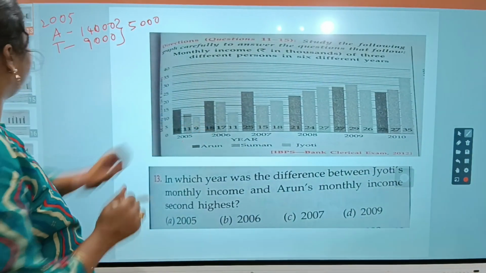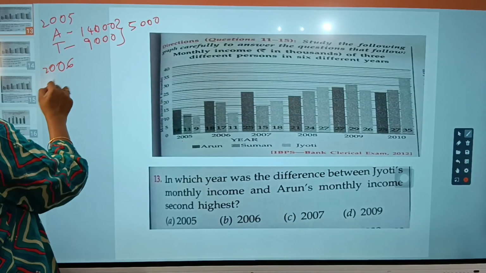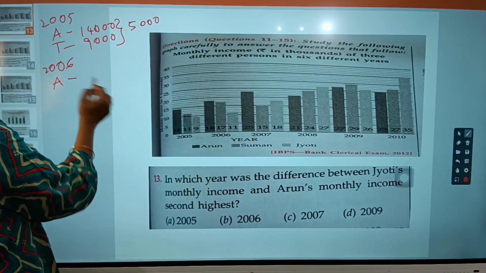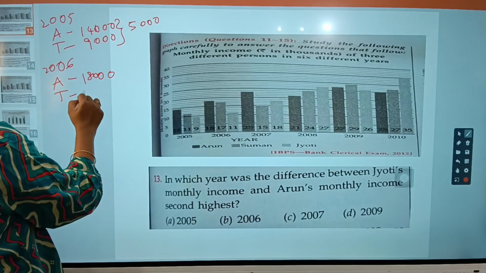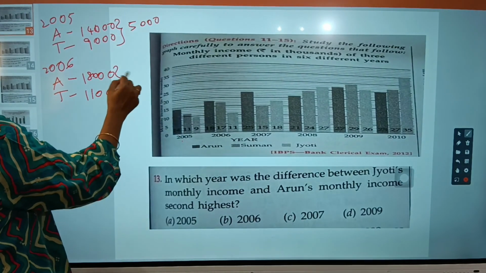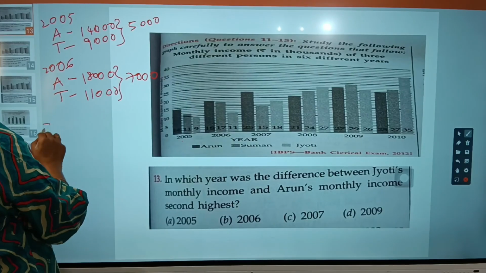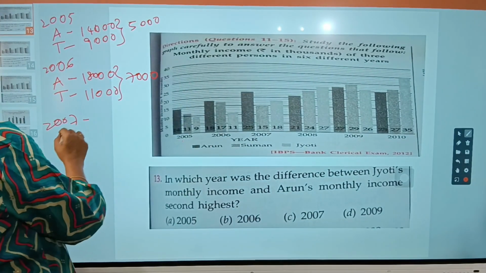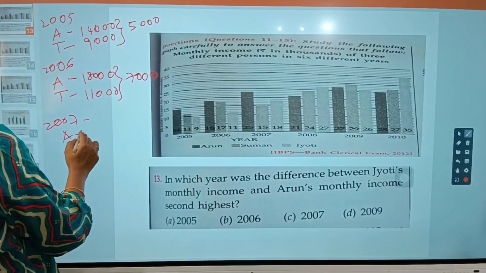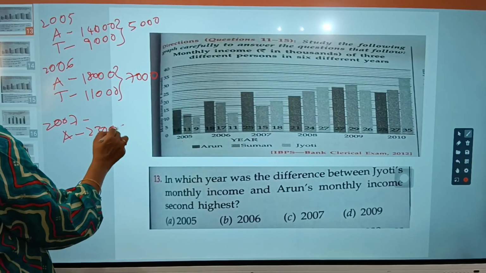In 2006, Arun's income is 18,000. Jyoti's income is 11,000. The difference is 7,000. In 2007, Arun's income is 23,000.